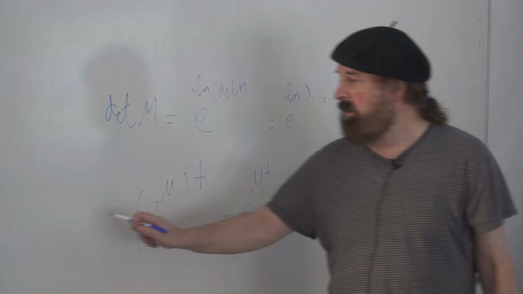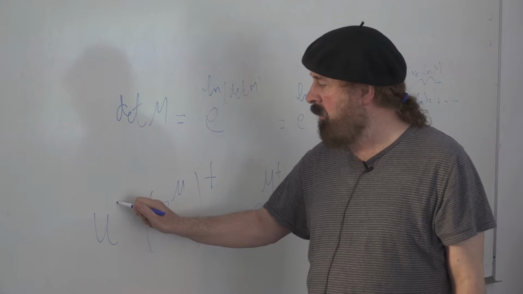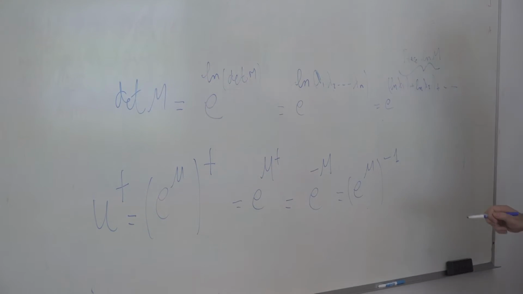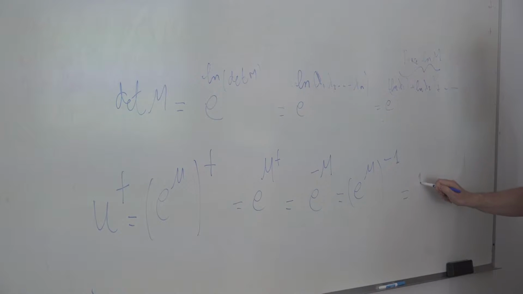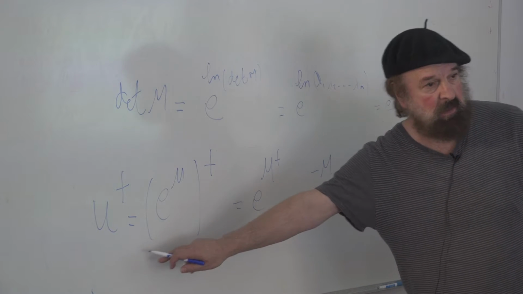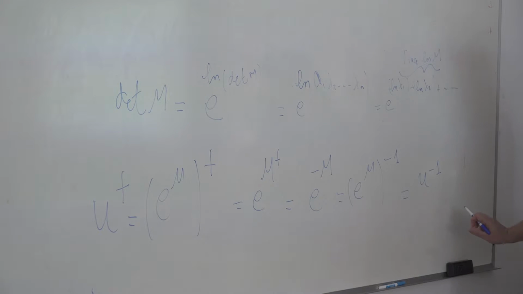Okay, so this is the Hermitian adjoint of a unitary matrix. Here I will reproduce the same matrix but with an inverse. So this is why this is called unitary, because the Hermitian adjoint of that matrix will give me the inverse of the matrix.